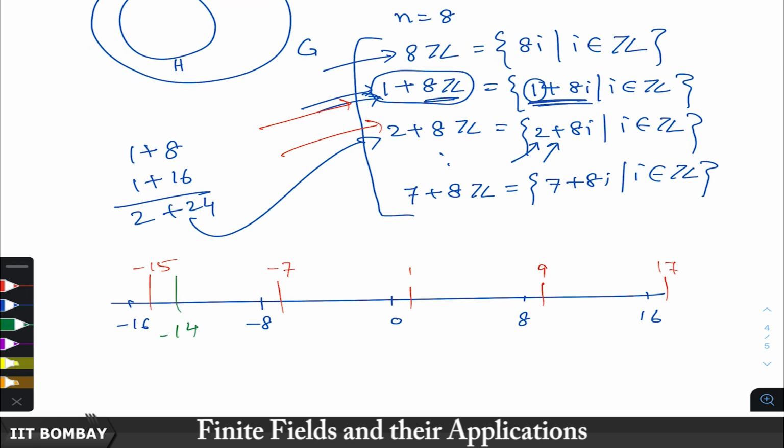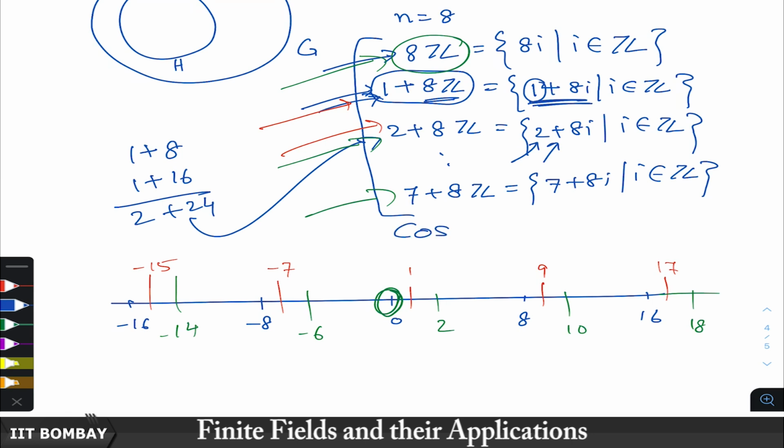And this set is a further shifted version: it is minus 14, minus 6, 2, 10, 18, and so on. So, these sets are basically various shifted versions of this set, and these sets are called the cosets of the group 8Z. So, you have one subgroup which contains the 0 element, of course, and its shifted versions. These are called cosets.